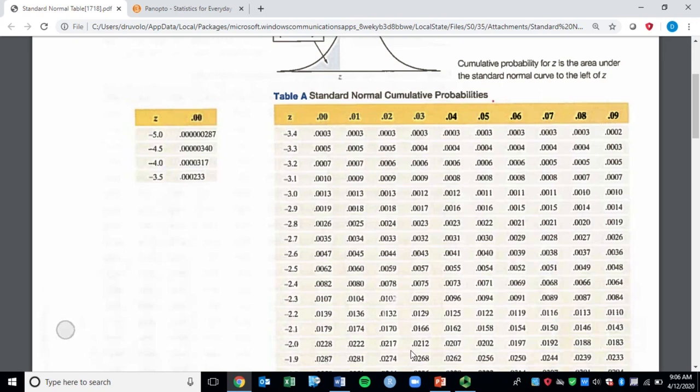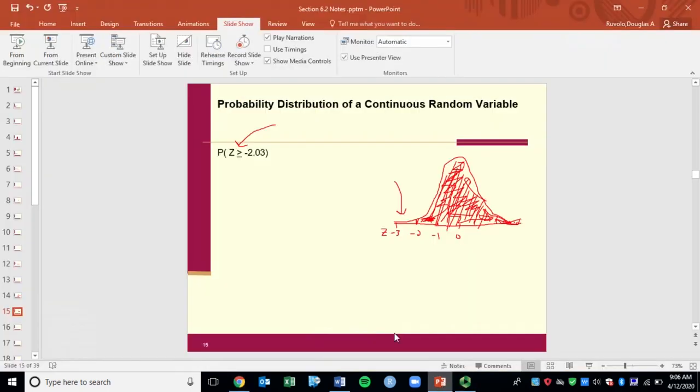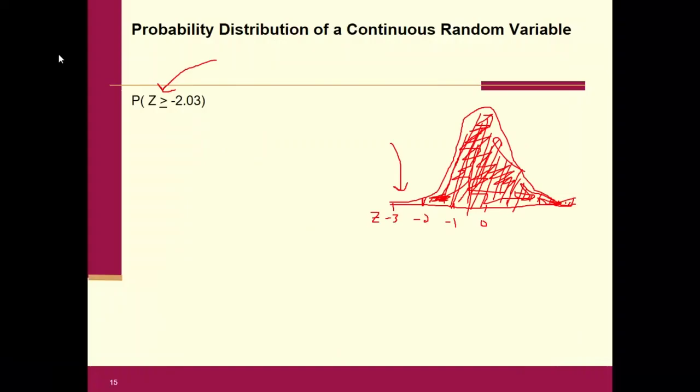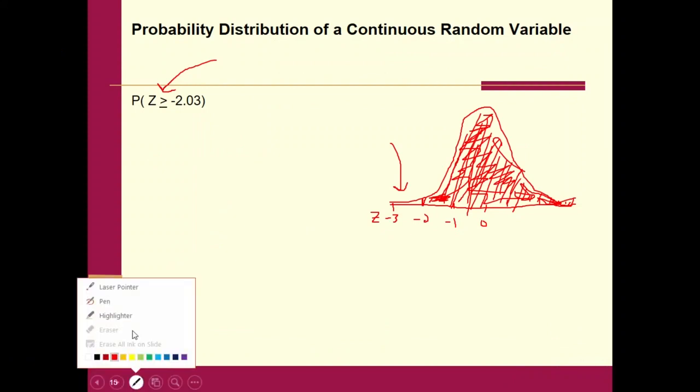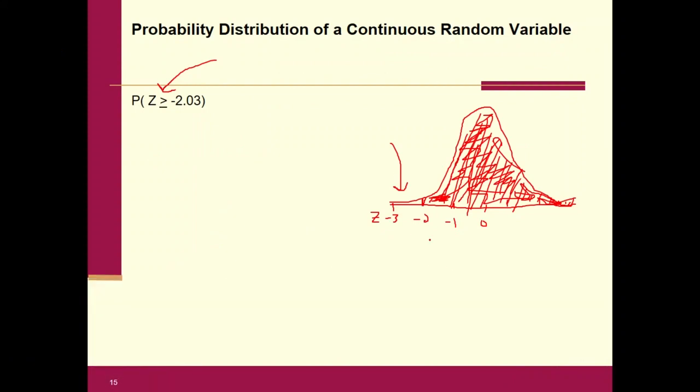So I'm putting it in my calculator, 0.0212. Okay, and we'll go back to our demonstration here. Okay, we'll get my pen out, and so we know this area right here is 0.0212.